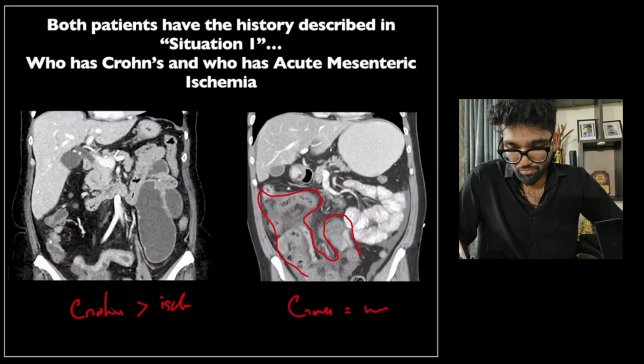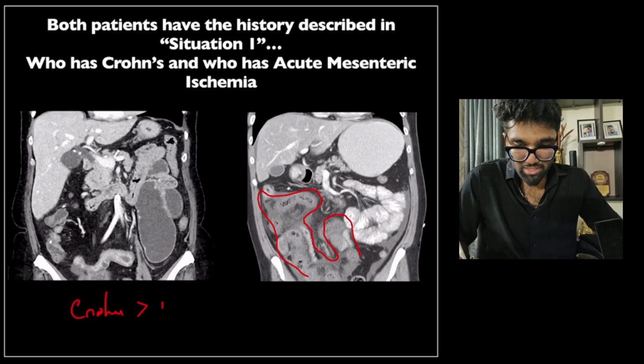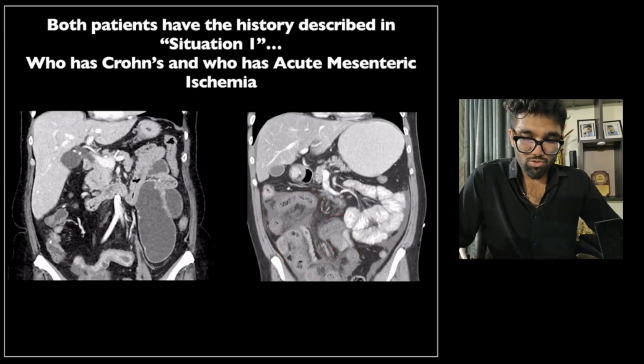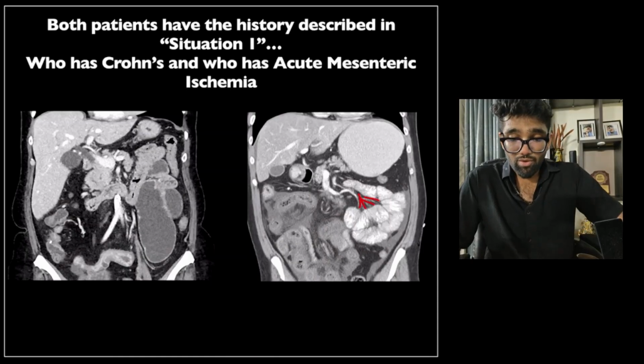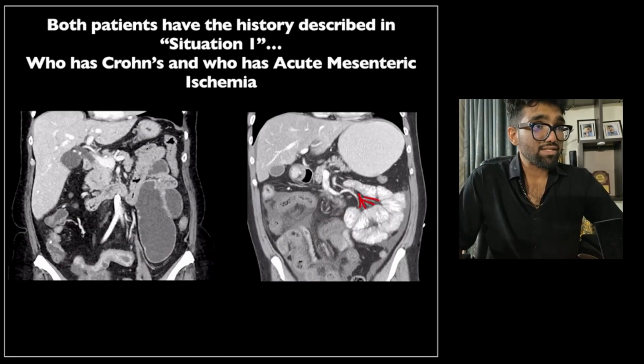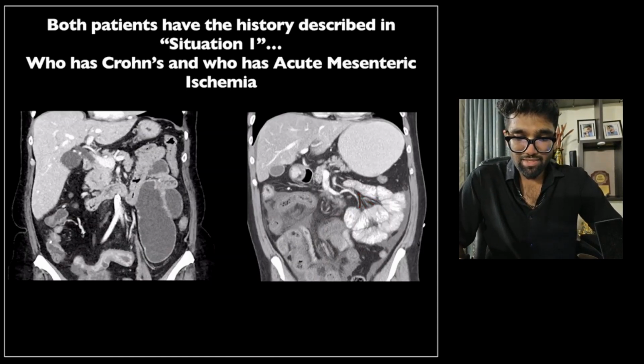Okay, so actually, there is a comb sign here, and again, the comb sign would make me think more towards Crohn's disease. However, this is actually a case of mesenteric ischemia. So as you can see, in the best of cases, you find it difficult to differentiate between the two.